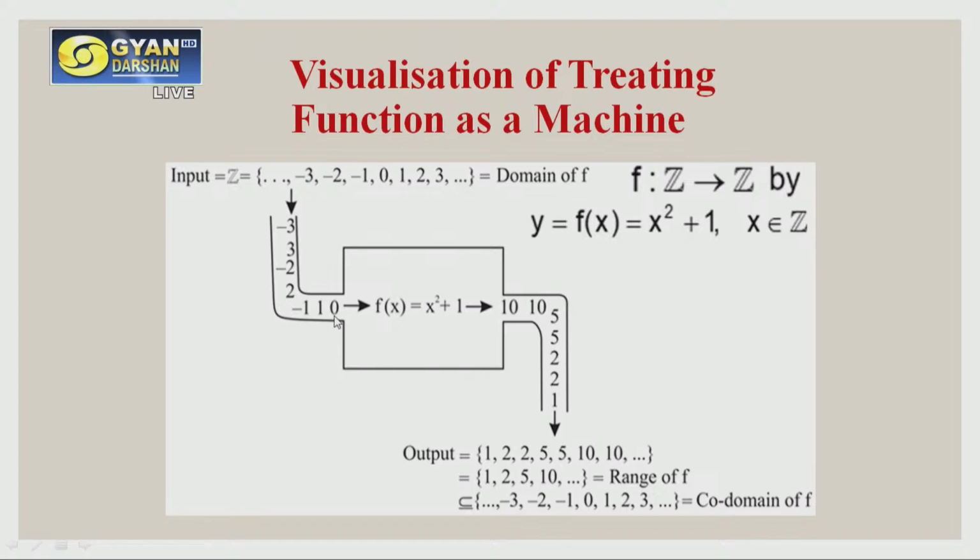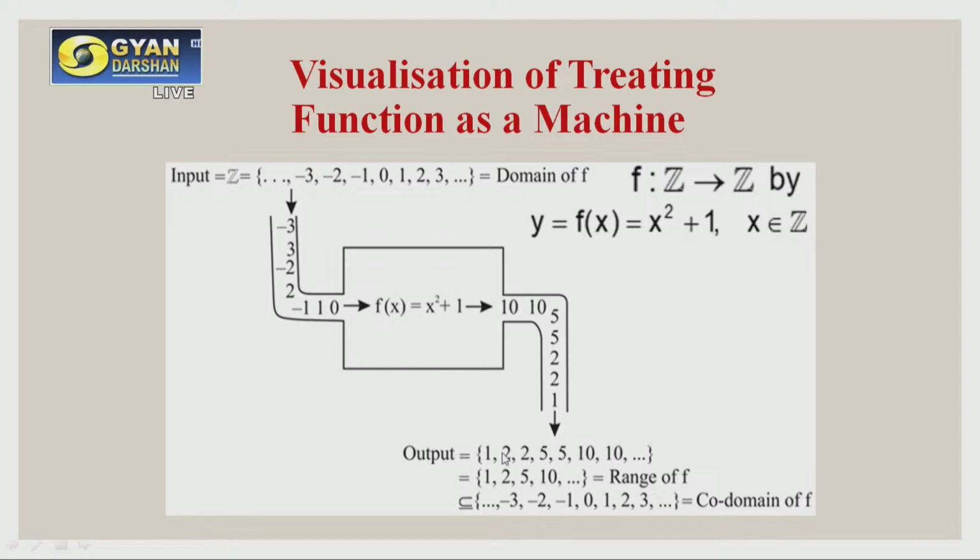If I give input 1, then 1 squared plus 1 is 2, so the output is 2. Similarly, if the input is -1, then -1 squared plus 1 is 2, the same output as for input 1. When the input is 2, then 2 squared is 4, plus 1 is 5, and so on. So these are the outputs.